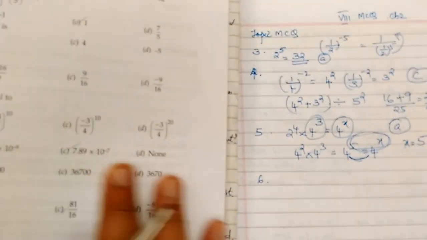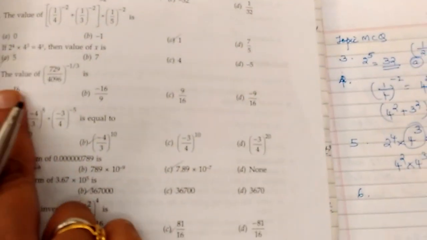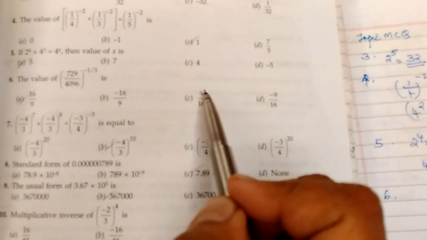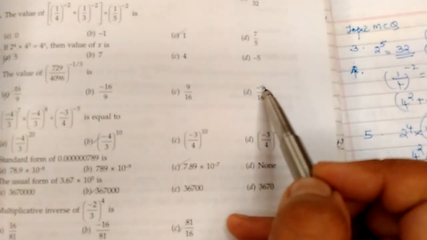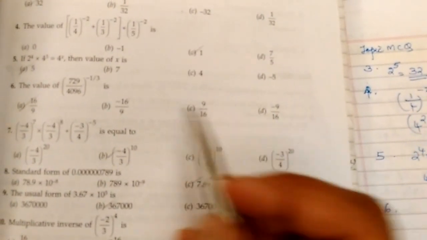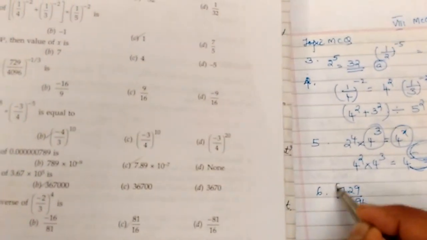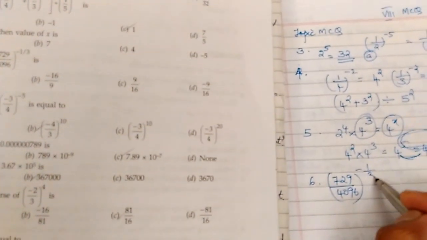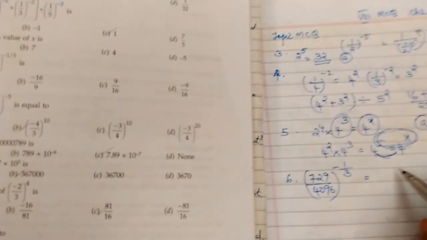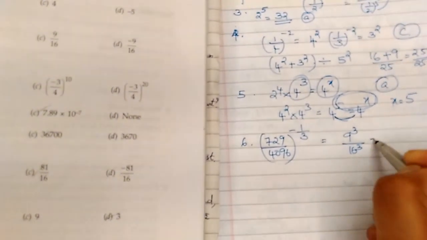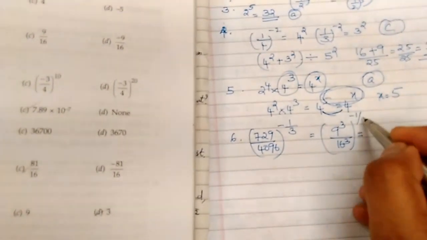Now the sixth question. The sixth one is the value of 729 upon 4096 whole to the power minus 1 by 3. Here 729 upon 4096 is 9 to the power 3 upon 16 to the power 3, whole to the power minus 1 by 3.